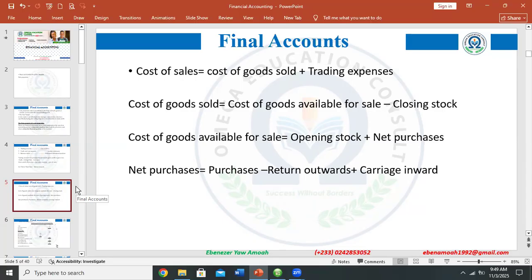All the costs you incur to get the goods or merchandise ready for sale. So if I'm a car dealer, my cost of sales on buying and selling cars would be all the costs I will incur to make the cars ready to sell.